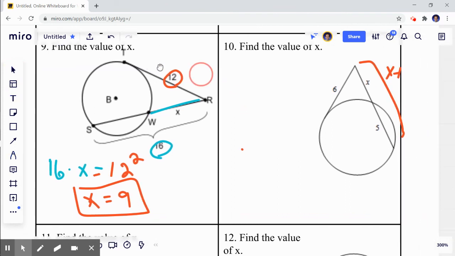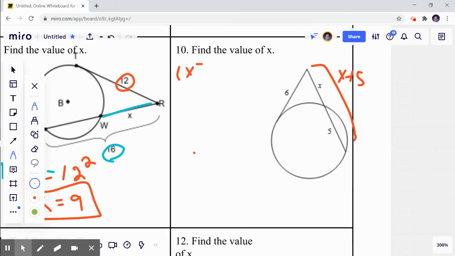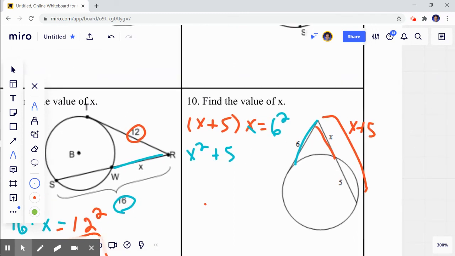So we're going to do x plus 5 for the whole length of the secant, times the outside segment, which is x, and that equals the tangent measure squared, 6 squared. Okay, so we distribute the x, and you end up getting x squared plus 5x equals 36.